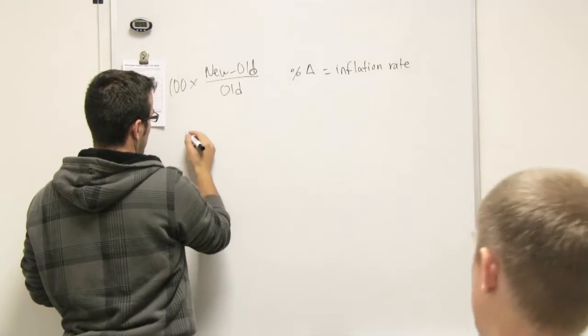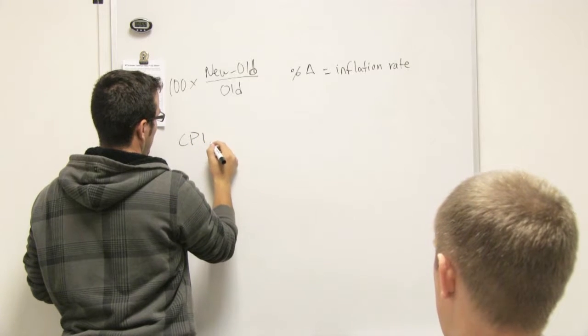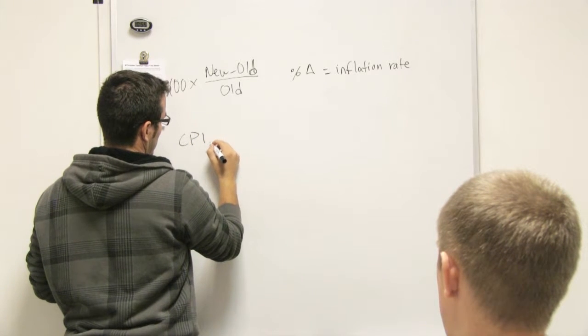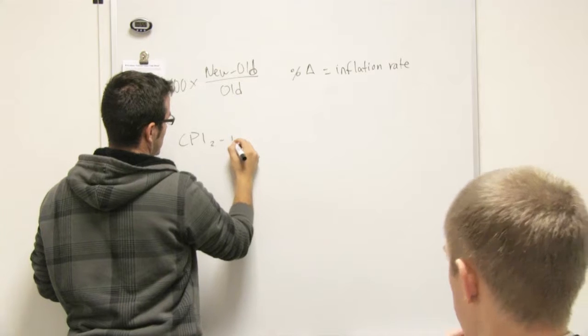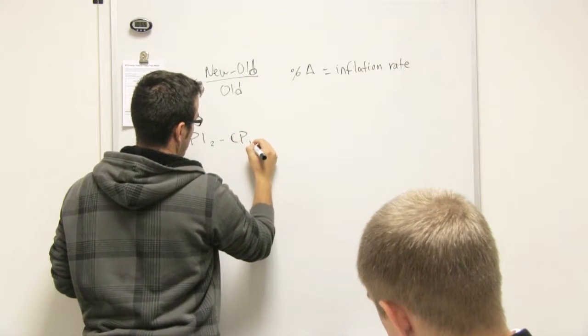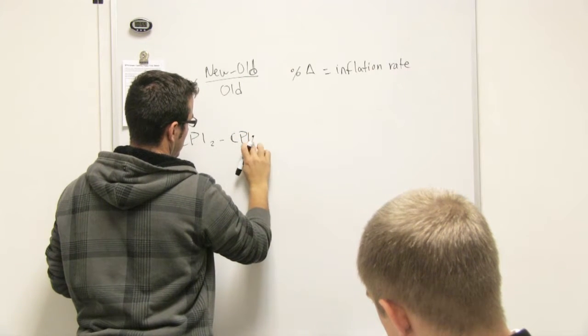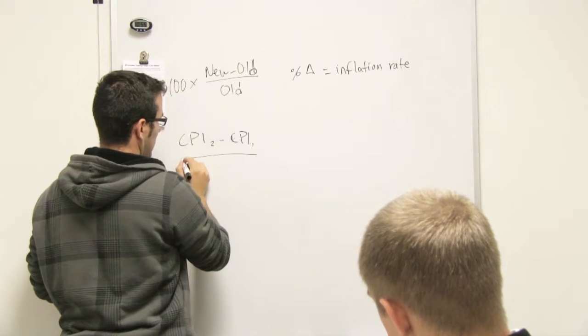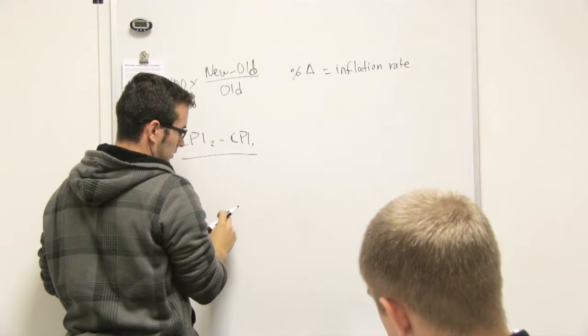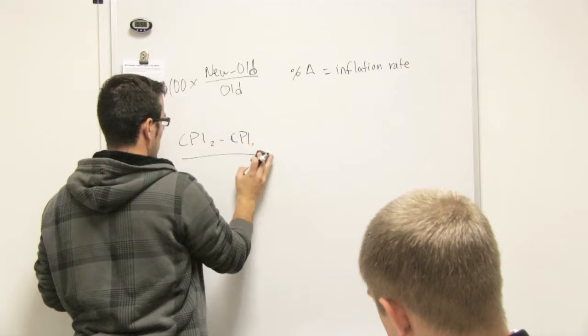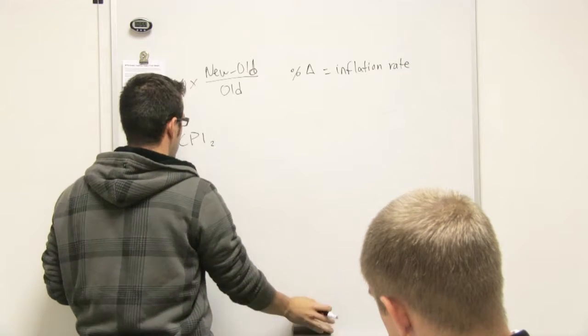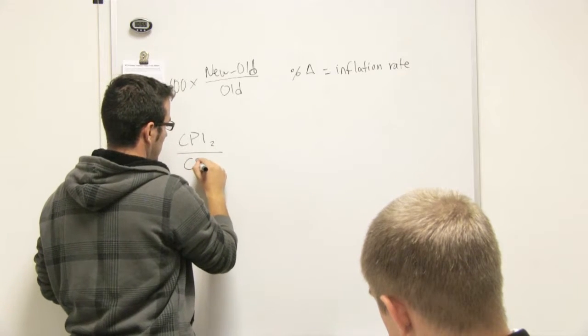And then there was also this. Remember, there was CPI. I'm going to do CPI of year 2 minus the CPI of year 1, divided by, did we divide it? No, sorry. We did CPI of year 2 divided by the CPI of year 1, right?